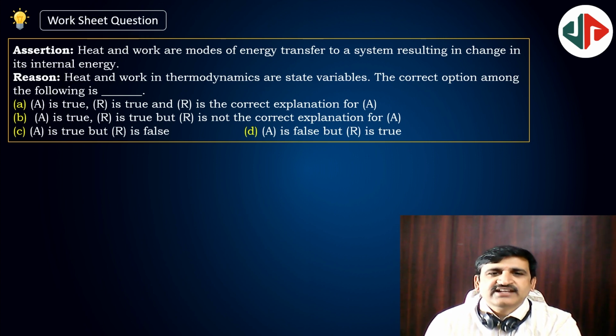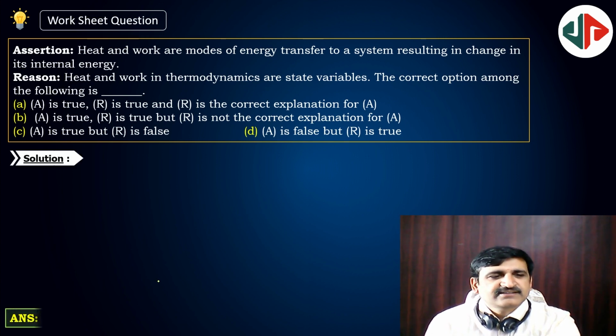So we need to select. Heat and work in thermodynamics are state variables? No, state variables are P, V, T, right? So the reason is not true, but the assertion is okay. The assertion is correct. So the option will be C.